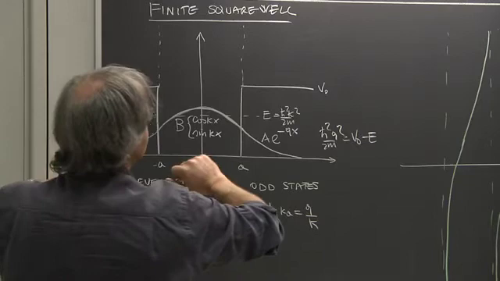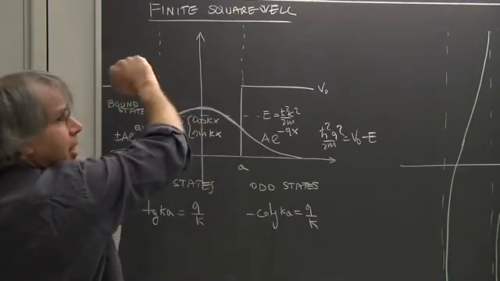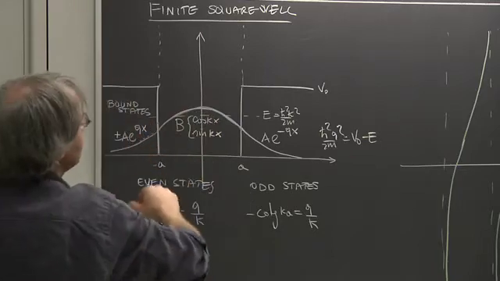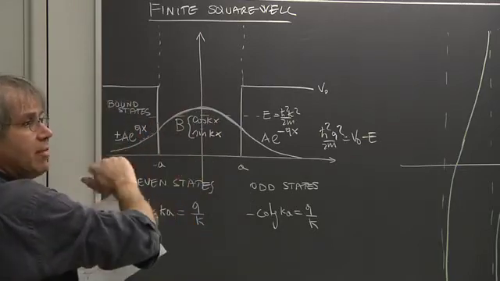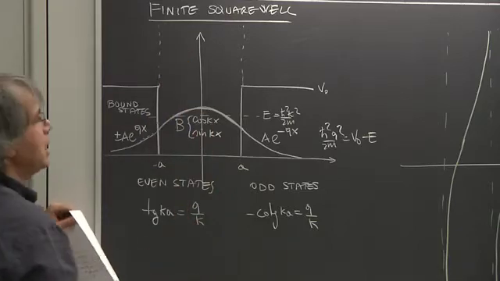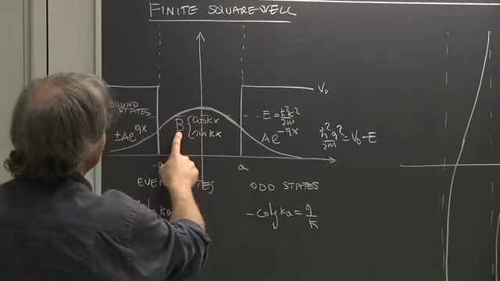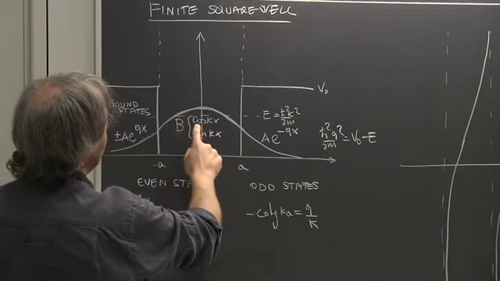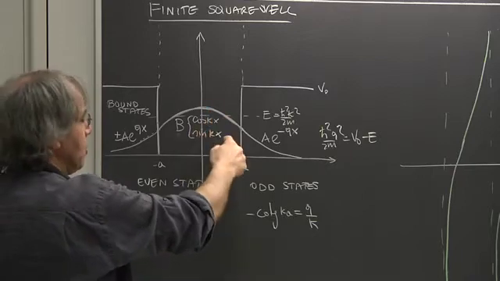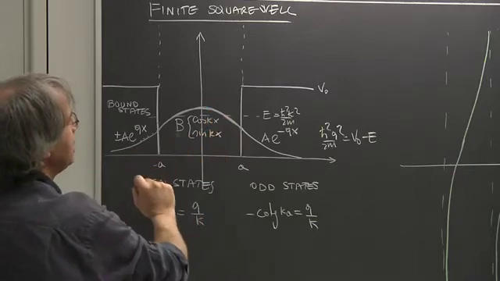Now, for the bound states, the extended states you have to do yourself. It's the exercise. For the bound state, we discussed that you can distinguish even and odd states because of the parity of the potential. Inside, I call the wave function cos kx or sine kx if even or odd, with some coefficient b.